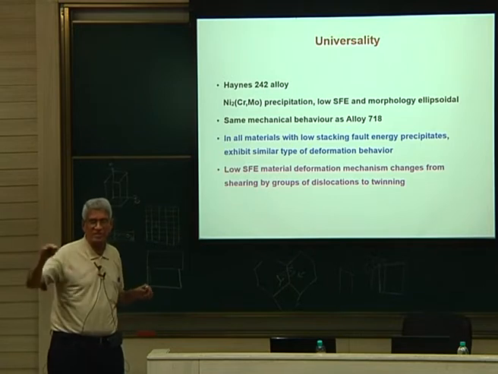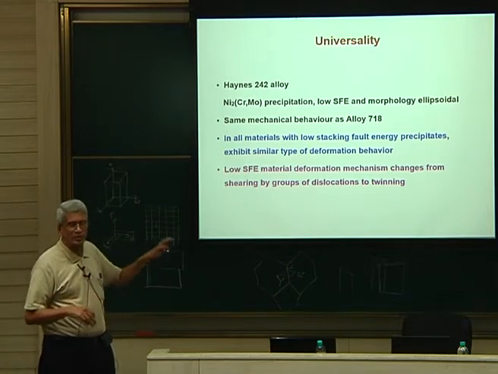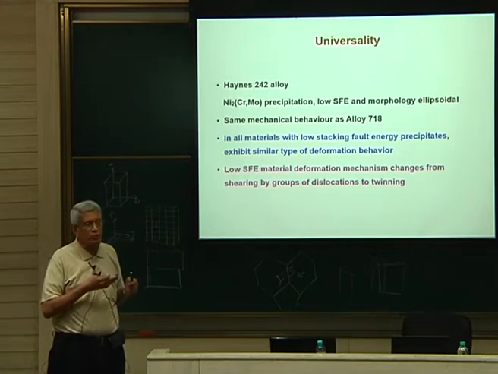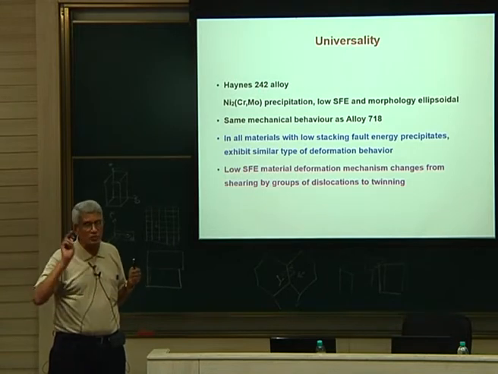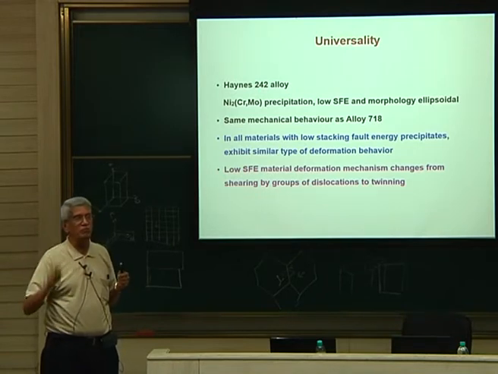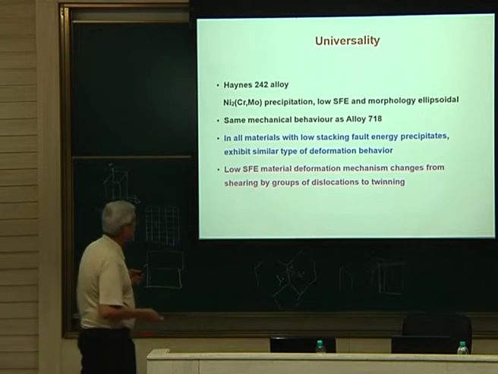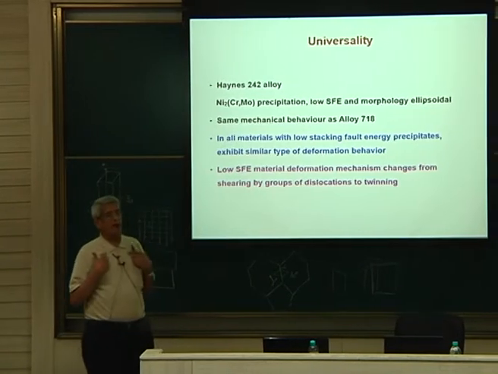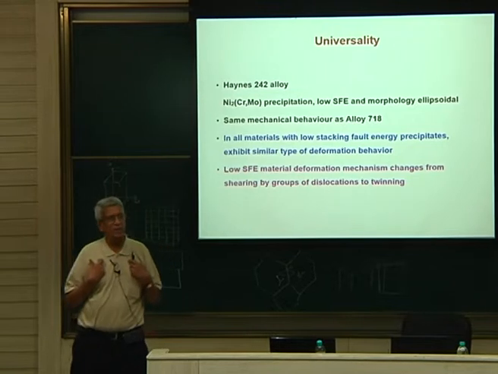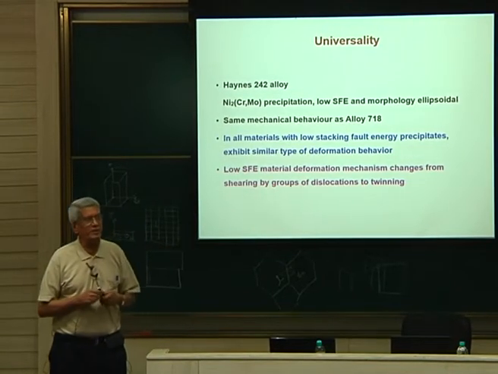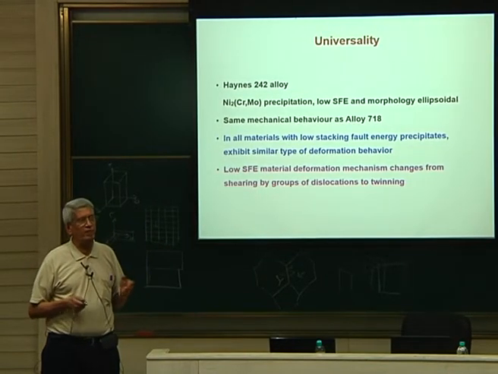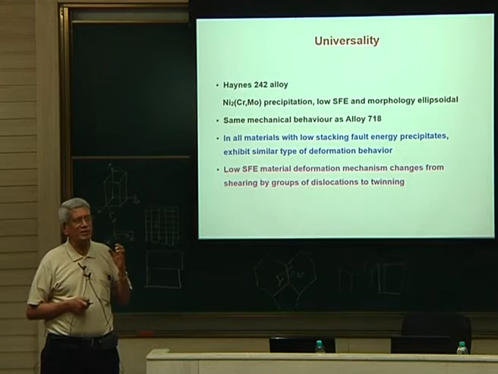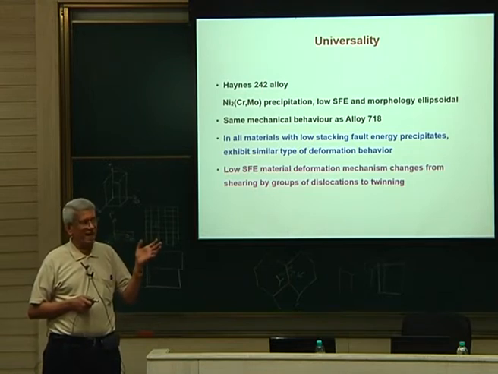Twinning travels very fast, because you are applying a stress also. Very little stress is required to make the twin propagate, but the stress which is required for a twin to be nucleated is very high. So on this basis we concluded that in an ordered precipitate, it depends upon whether the stacking fault energy is high or low.